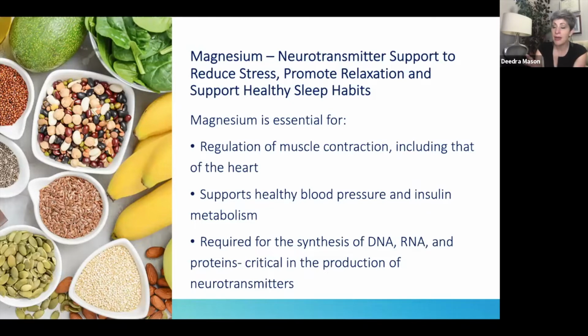Now, magnesium, I can't say enough about the importance of magnesium, in particular for neurotransmitter production. It also reduces stress. So now we're talking about those kind of ancillary pathways in the poor methylator that may put too much pressure on their methylation pathways. And that is, of course, not being able to manage their stress, having their central nervous system constantly pinged, right? So we want to make sure that they've got magnesium that can help them with serotonin and dopamine balance.